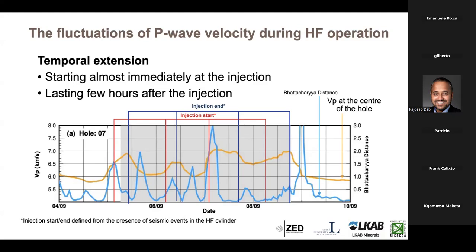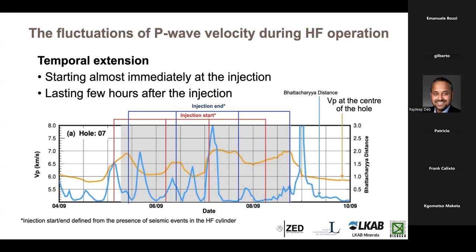The hydrofracturing starts on the different days where you have the red bars, and it ends at the day with the blue vertical lines. We define start and end by the presence of seismic events in the hydrofracturing cylinder.